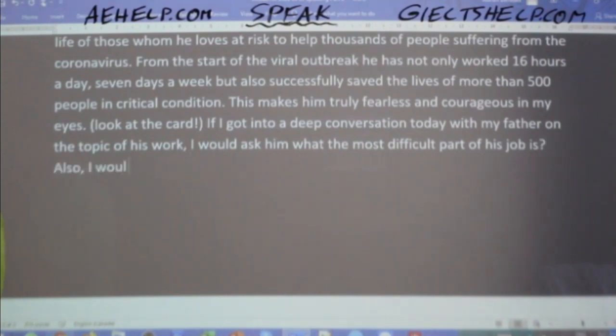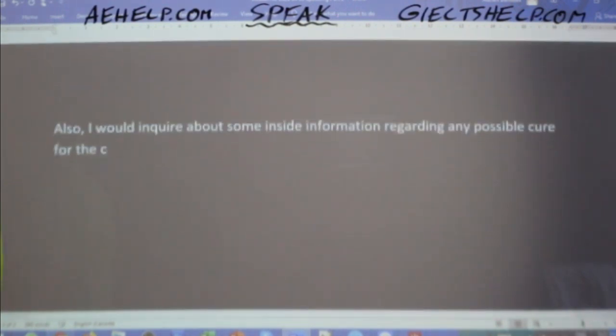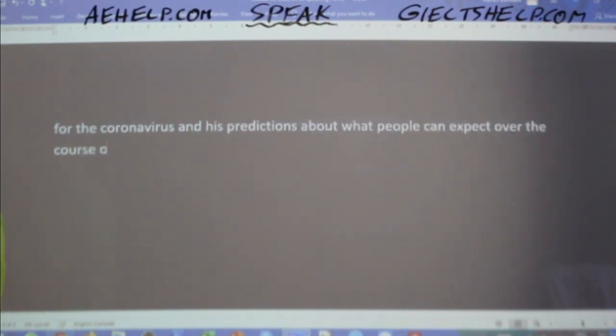Also, I would inquire about some inside information regarding any possible cure for the coronavirus and his predictions about what people can expect over the course of the next 6 months.